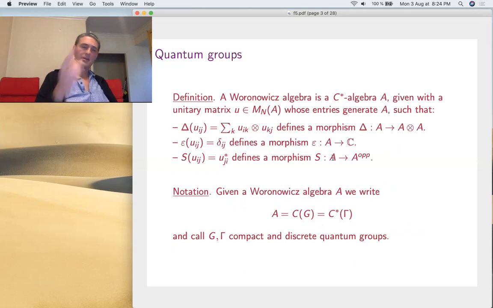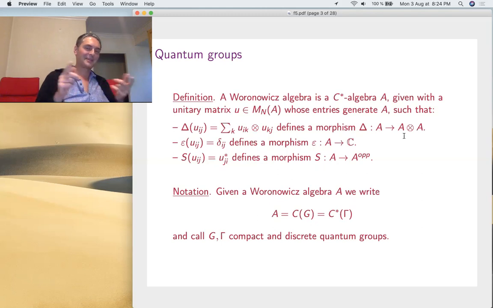If the multiplication goes from G times G to G, the transpose should go from C(G), that we call A now, to C(G times G), which is A tensor A. So the transpose of the multiplication is a morphism like this: A goes to A tensor A. Now the formula of the multiplication is (uv)_ij = sum over k of u_ik v_kj.